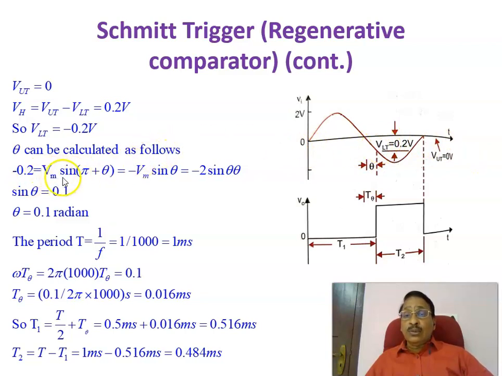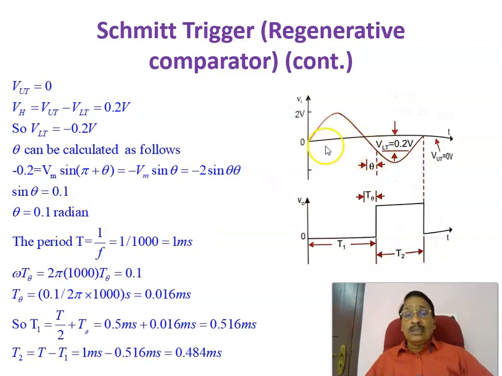Therefore, minus 0.2 equals Vm sine of pi plus theta, which is minus Vm sine theta, and Vm is 2 actually. Therefore, it is minus 2 sine theta. So sine theta equals 0.1, or theta equals 0.1 radians.